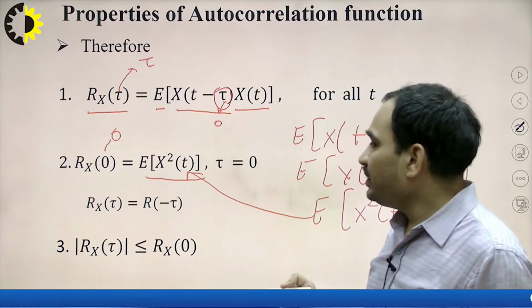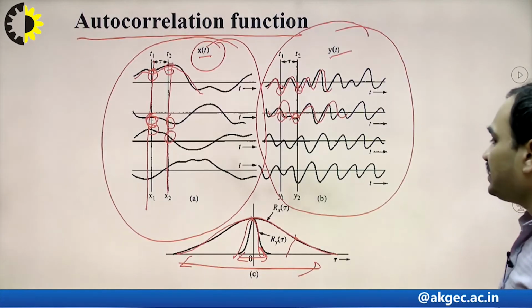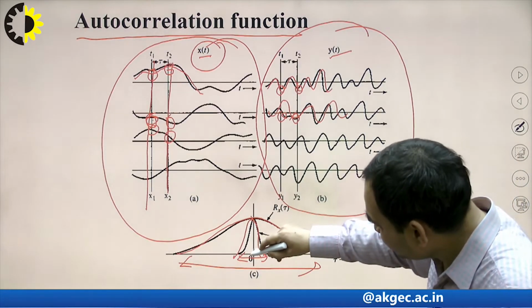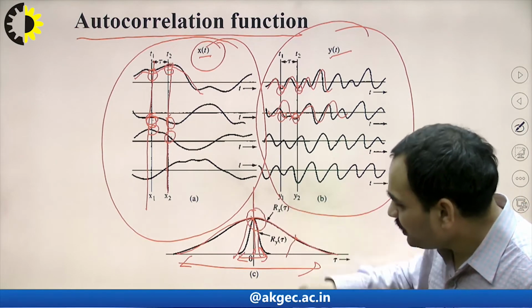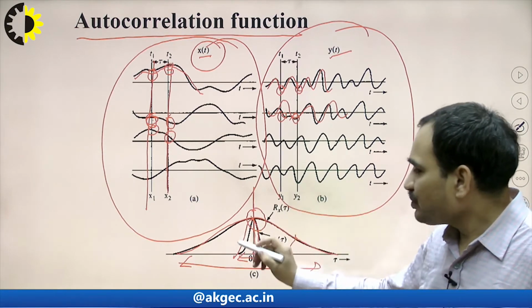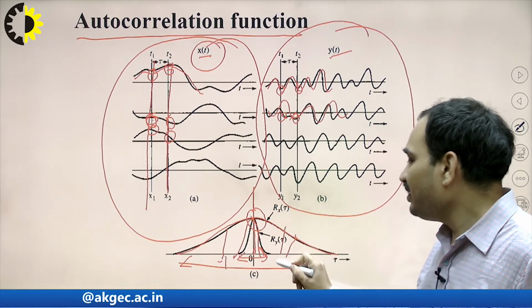Another property is that it is an even function, centered at 0. So at tau equals 0 we get the maximum value, and it is an even function. Whatever value we have at minus 1, we will have the same value at plus 1.